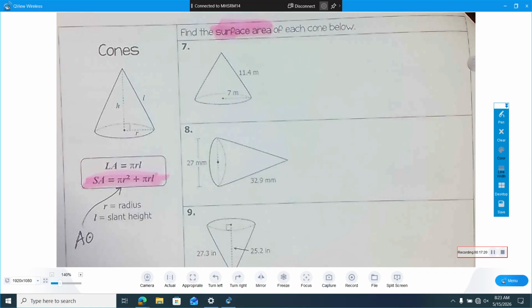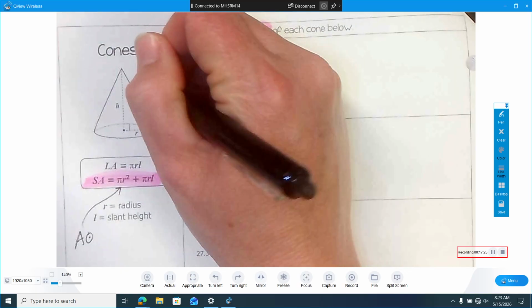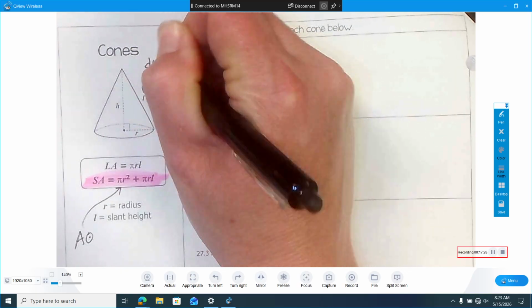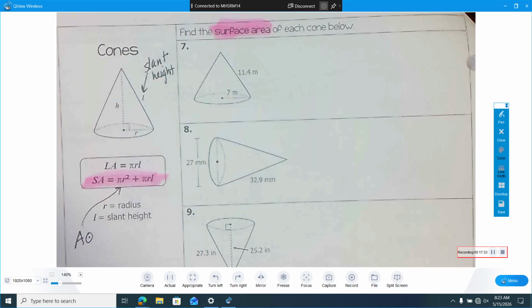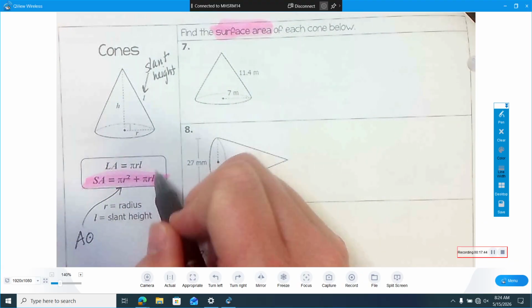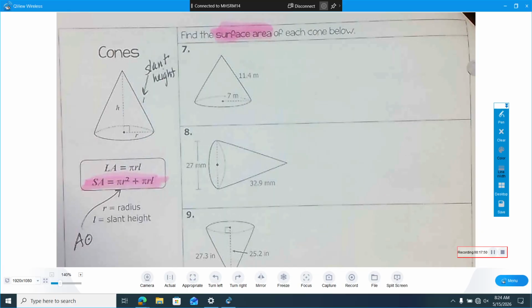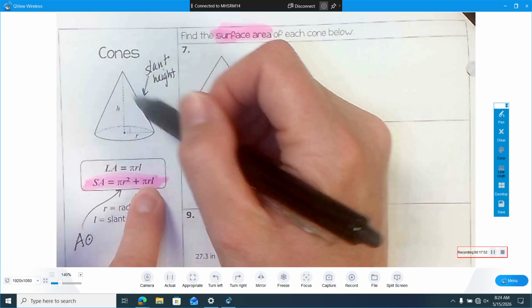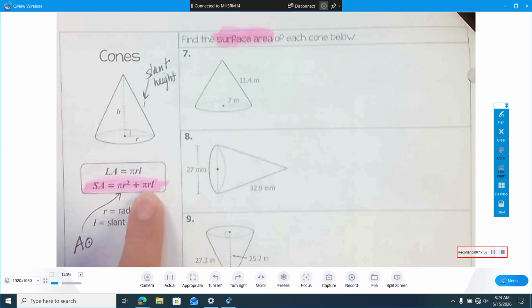And then pi r L. L, again, is the slant height of the cone, not the perpendicular height, but the slanty height. It's a little bit taller than the height if you were to hold them up side by side. If we know the slant height, then the area all the way around the sides of the cone is pi times radius times that slant height, which is kind of nice. Not too bad, an easy formula.